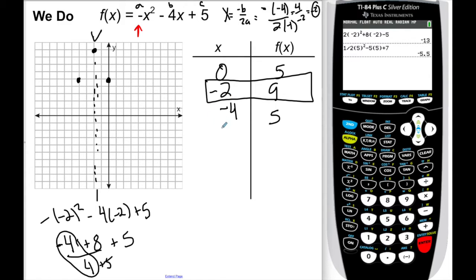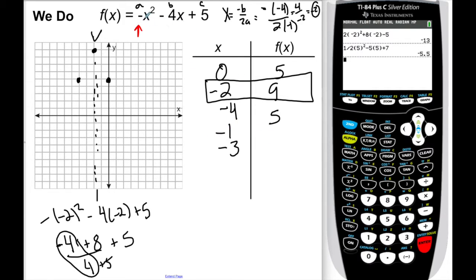The first one is going to be negative 1, and the second one is going to be negative 3. So negative 1 and negative 2 are 1 away from each other, and negative 3 and negative 2 are also 1 away from each other. Because negative 1 and negative 3 are the same distance away from negative 2, the x of the vertex, their y's must be the same. Okay, so let's plug that in.